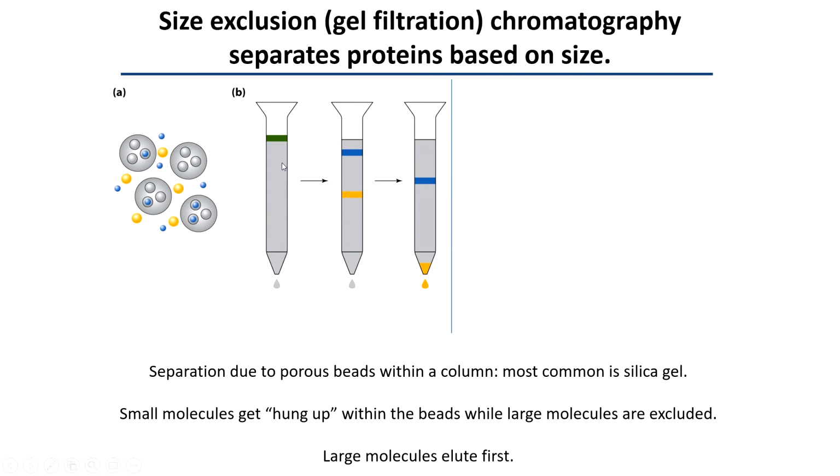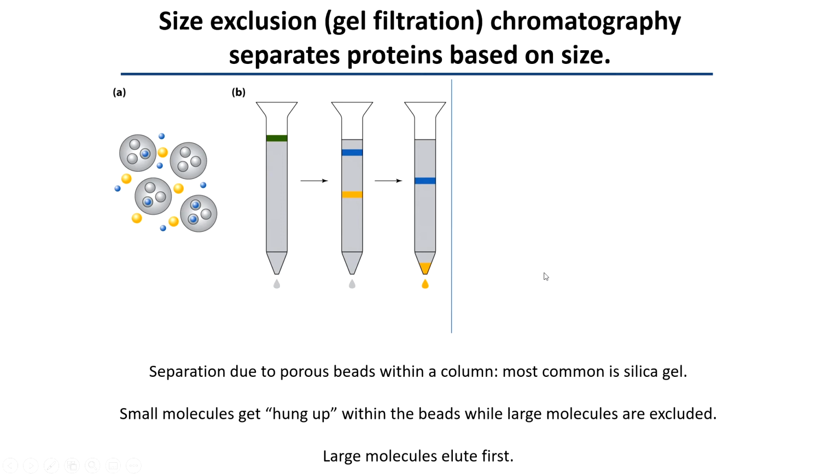As proteins move through this column, very small molecules, so small proteins, will fit into these pores within the silica beads and have a very difficult time migrating quickly through that matrix. Very large proteins won't get stuck in these pores and will move through at a quicker rate. So when you open up the elution at the bottom, very large proteins will come out first, followed by the next smaller proteins, and they'll come out in order of size.